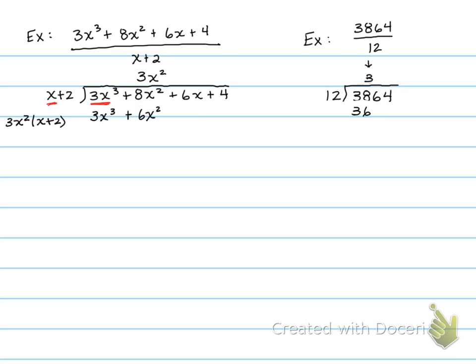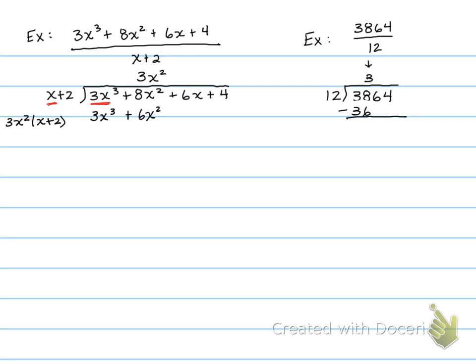And then we multiplied what we put up top by our divisor. Just like we multiplied the 3 by the 12 to get 36, we multiplied 3x squared by x plus 2 to get 3x to the third plus 6x squared. So we're doing the same process. It looks very different. Now we're going to subtract, just like we did over here.